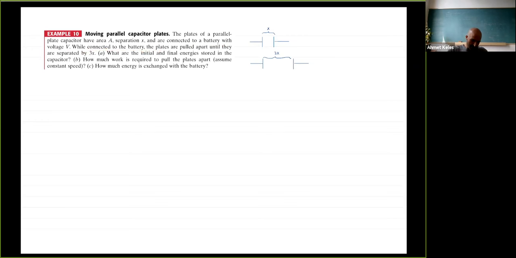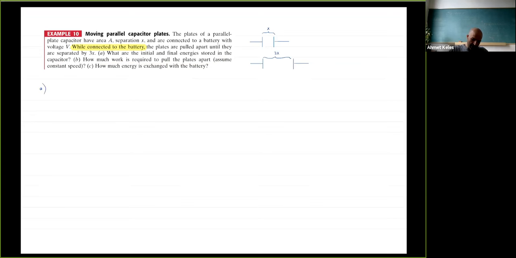Okay, this seems to be important. While connected to the battery, the plates are pulled apart until they are separated by 3x. And the questions: A, what are the initial and final energies stored in the capacitor? B, how much work is required to pull the plates apart, assuming constant speed? And C, how much energy is exchanged with the battery?